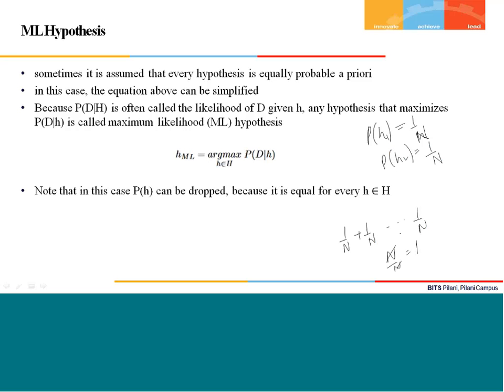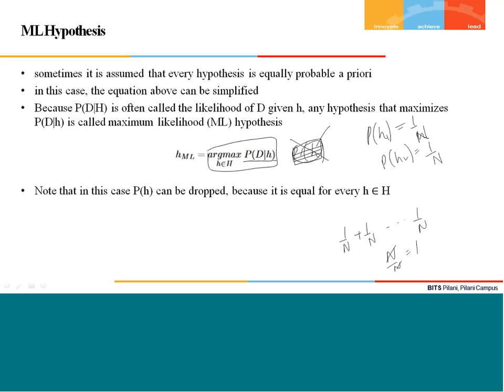So what I'm trying to say is that whenever you multiply this number with p(h), all the hypotheses have the same probability, so this term will not affect this expression finally.